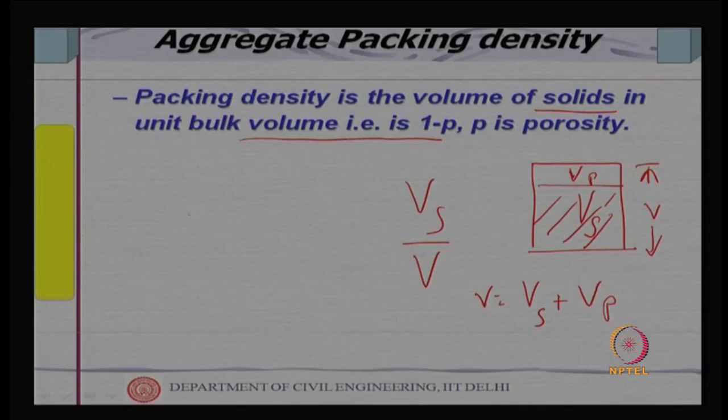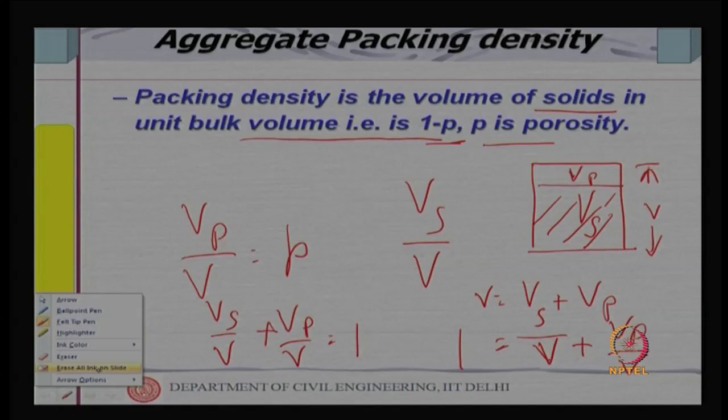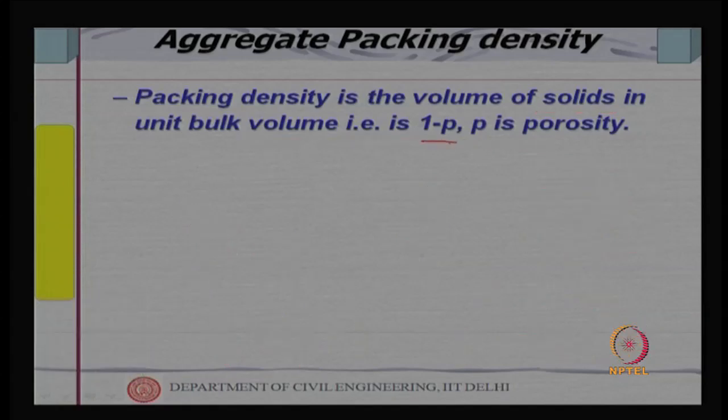If P is the porosity, then Vp over V is P. So, Vs by V plus Vp by V is equal to 1, and Vp by V is the volume of pores, P. So, Vs by V is 1 minus P. P is the porosity. So, packing density is the volume of solid in the whole system, and it is given by 1 minus P.